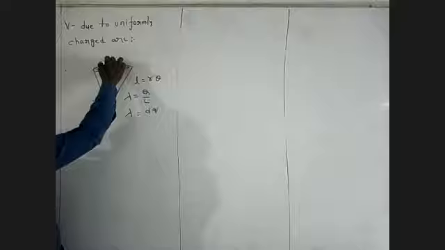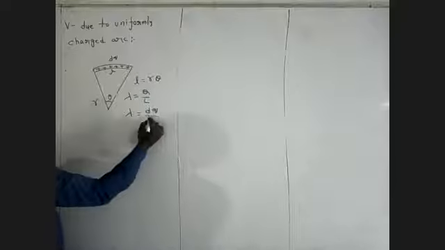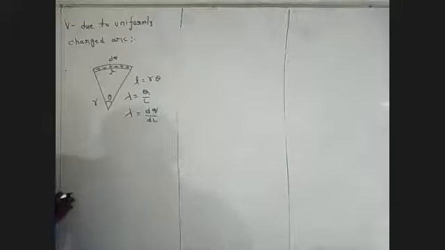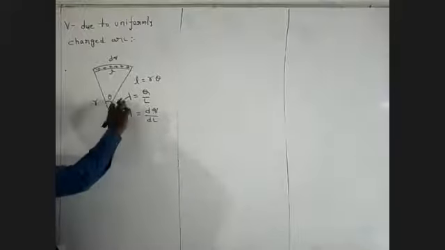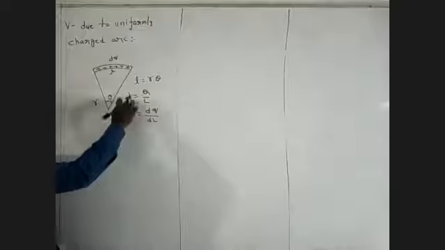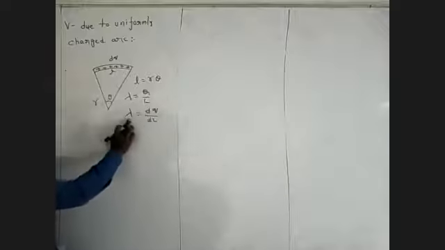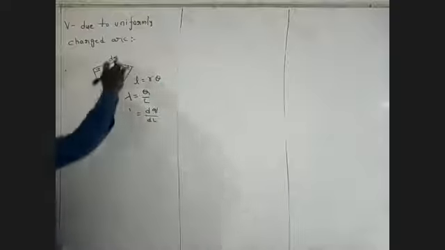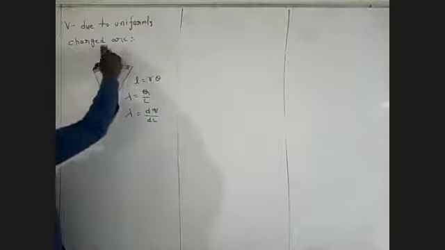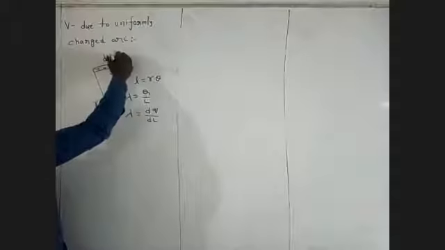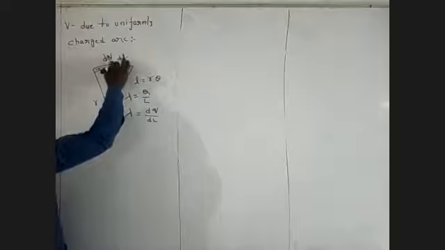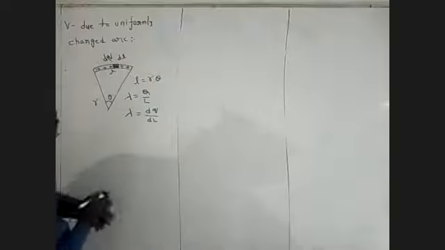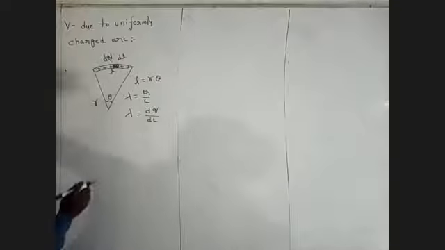This is a small delta Q by small length delta L. So lambda, the linear charge density, is equal to total charge by total length, which is equal to small charge by small length, dq by dl. So come to the point.